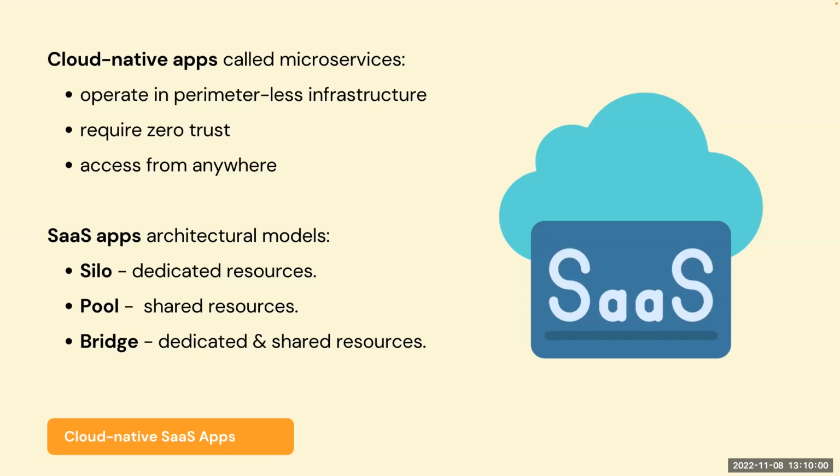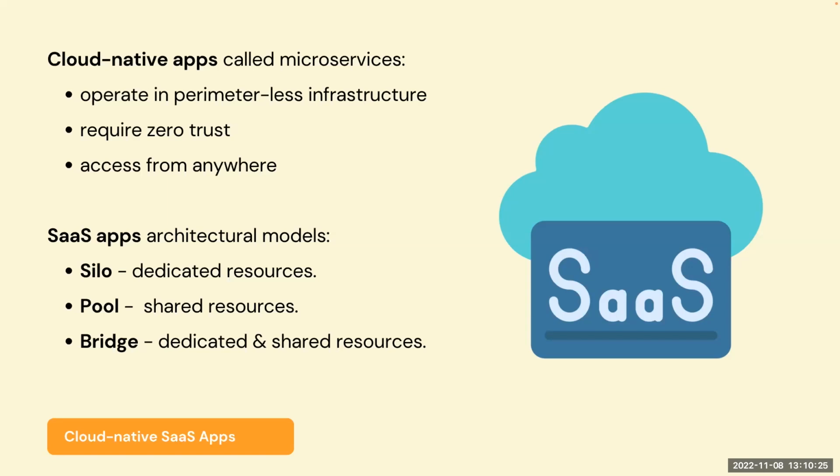The characteristics of a cloud native application are that you can usually access it from anywhere. It requires zero trust. Zero trust means there is no perimeter infrastructure, so no VPN and nothing. You need to verify their identity and then let them in to use the applications.